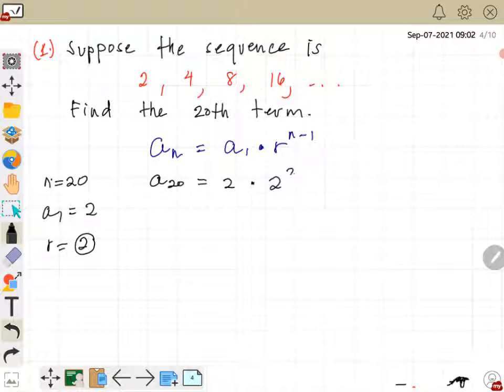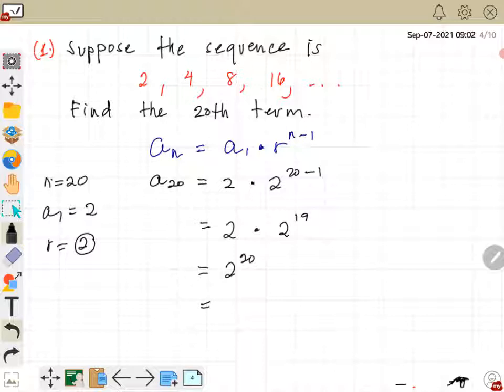Then our exponent is n minus 1, which is 20 minus 1, so 19. By laws of exponents, 2 raised to 1 times 2 raised to 19 becomes 2 raised to 20. Some books consider 2 raised to 20 already as the final answer.